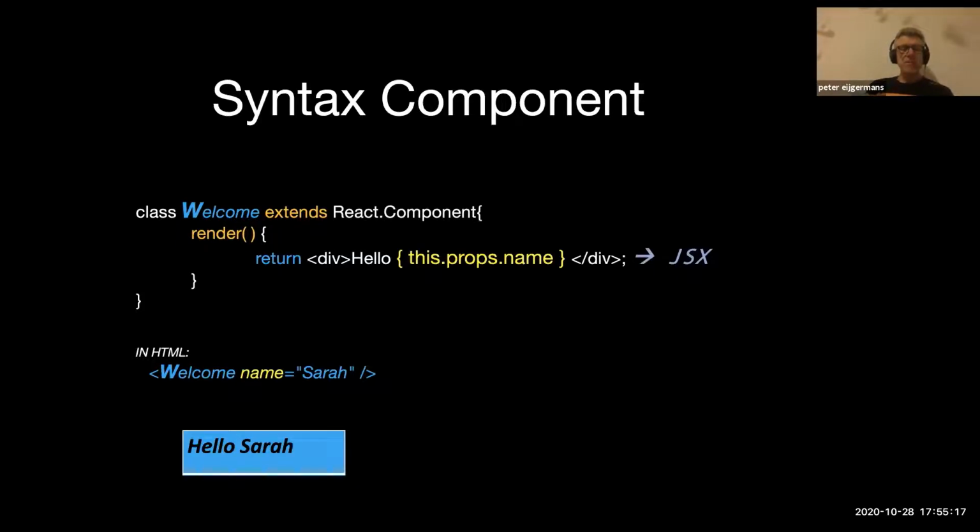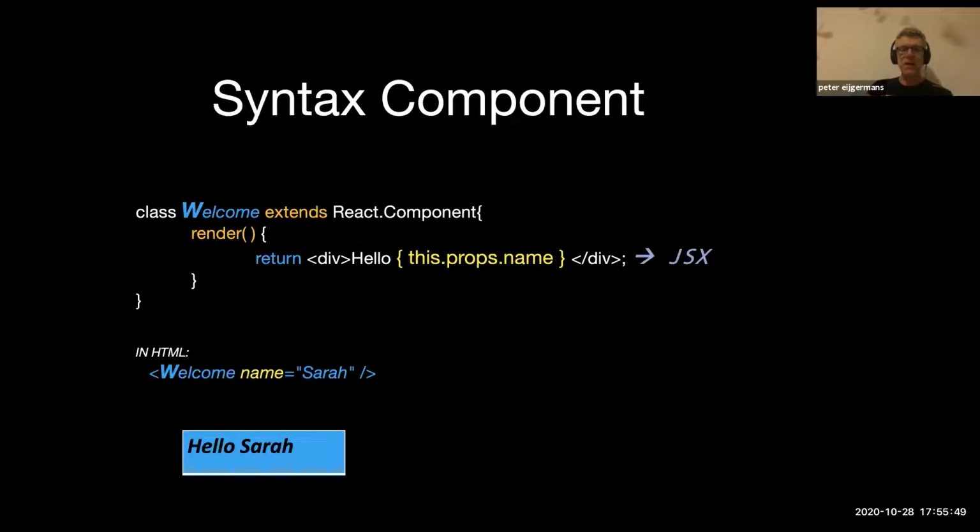You see the same, but a little bit bigger. What does the render method return? It will return some kind of HTML. It looks like HTML. It's a hello message, I think. And you see here, between curly brackets, some JavaScript, this props name. The combination of HTML with JavaScript, we call JSX style.